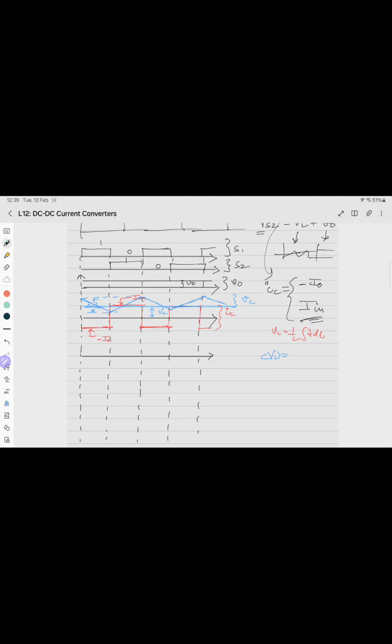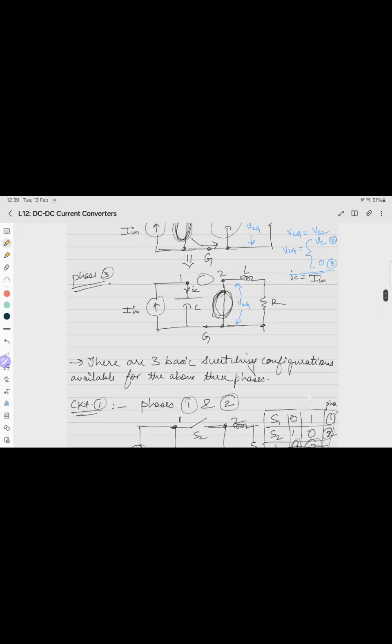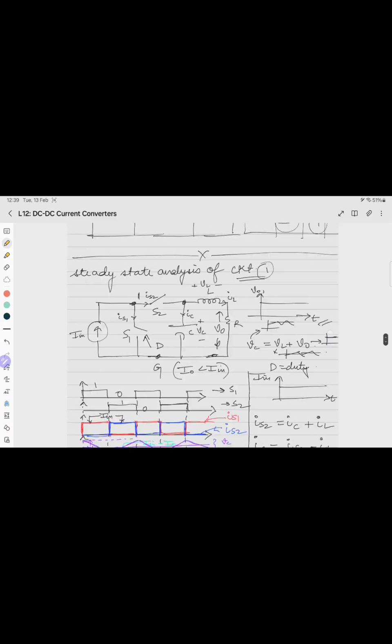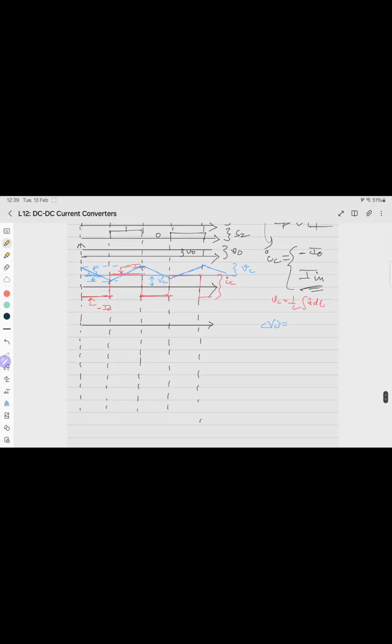So I'll use the orange color. What was V to G? VC and 0. So this is VC and 0.